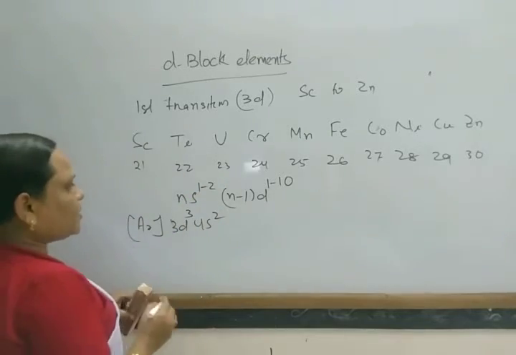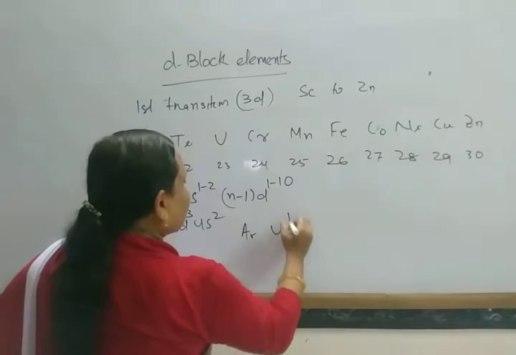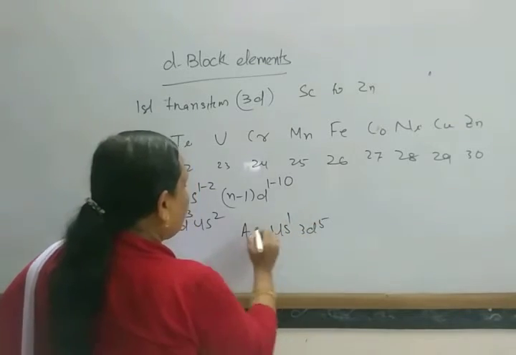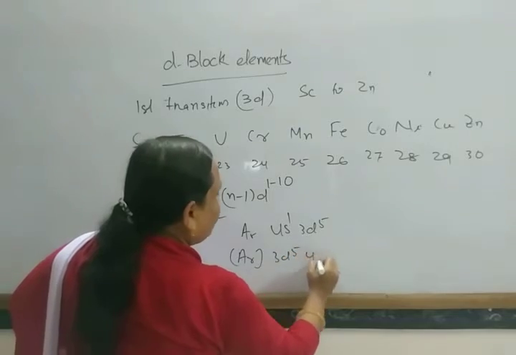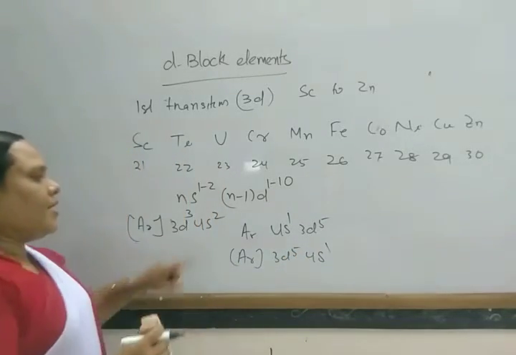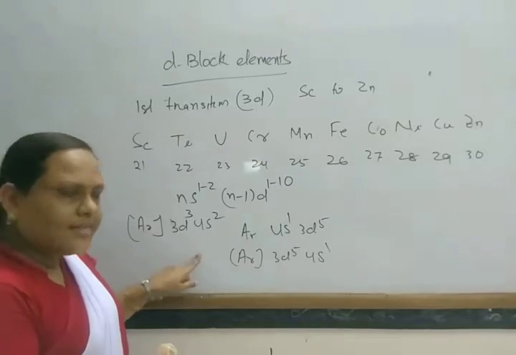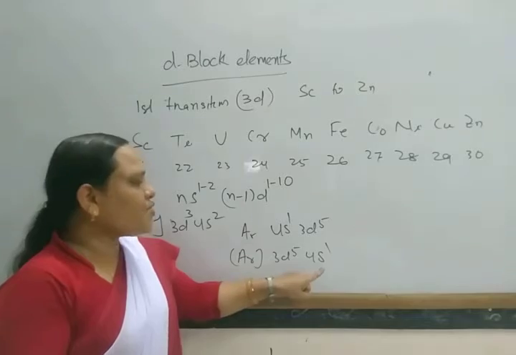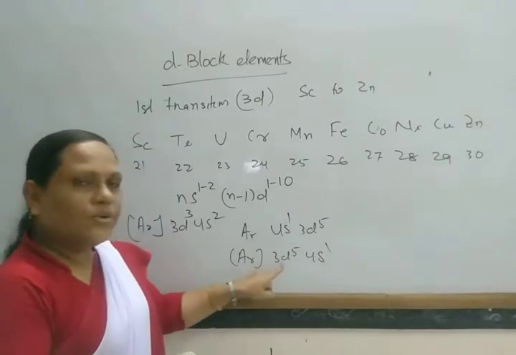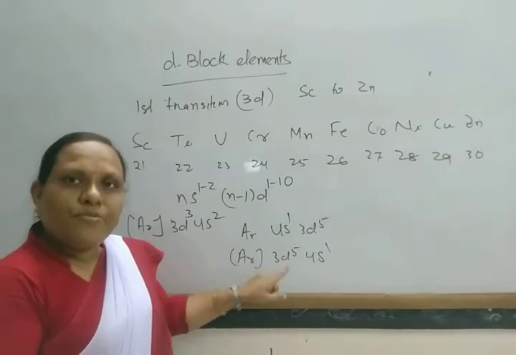But chromium has the configuration argon 4s1 3d5, or we can write argon 3d5 4s1. As the energy gap between 4s and 3d is very small, in the ground state one electron from the s orbital comes to the d orbital, and again half-filled orbitals are more stable. The half-filled orbitals, due to being more symmetrical, are more stable.